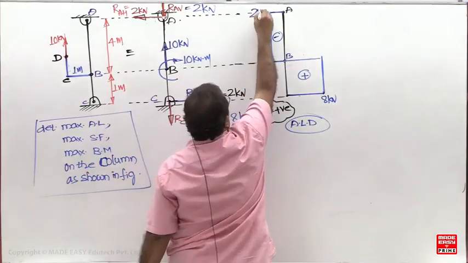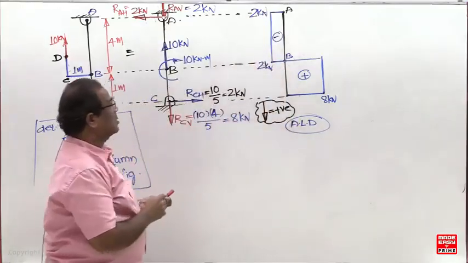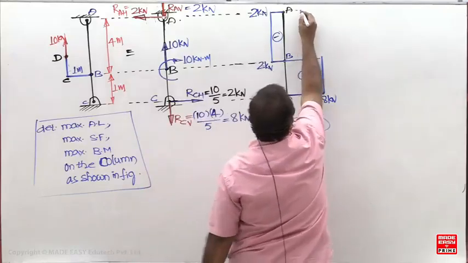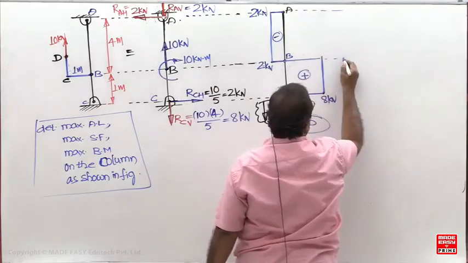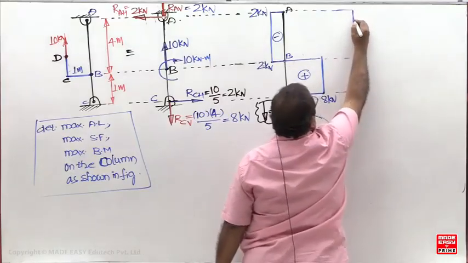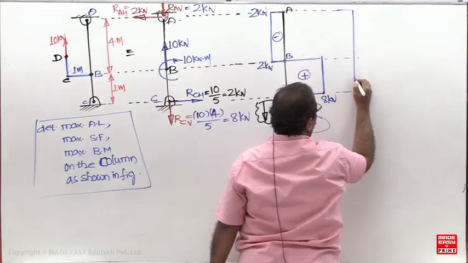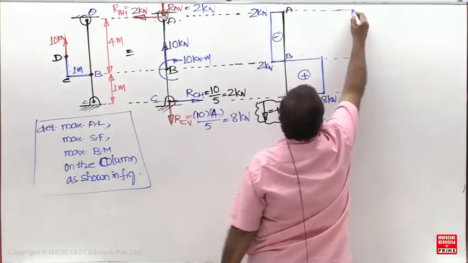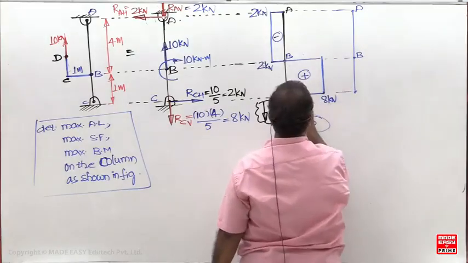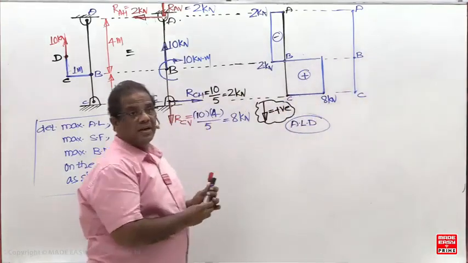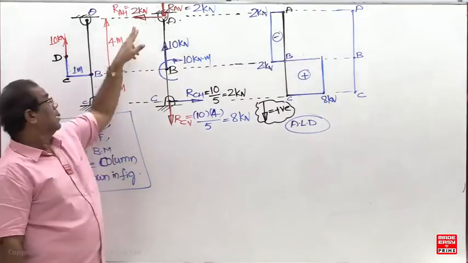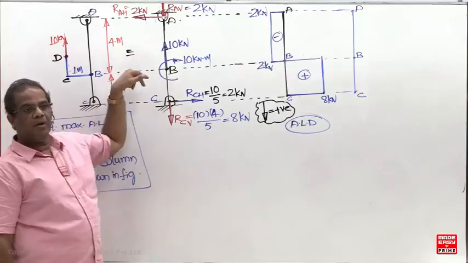So what is the maximum tensile load? Plus 8. Maximum compressive load is 2. And between two constant point loads, the shear force is constant.